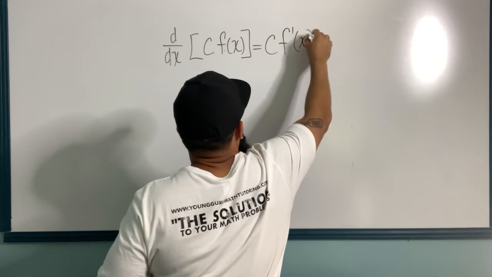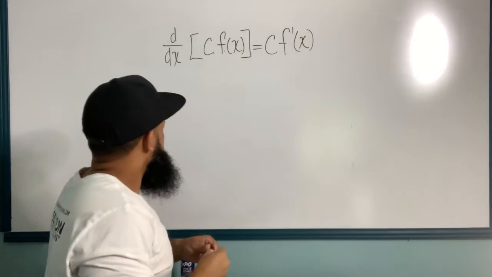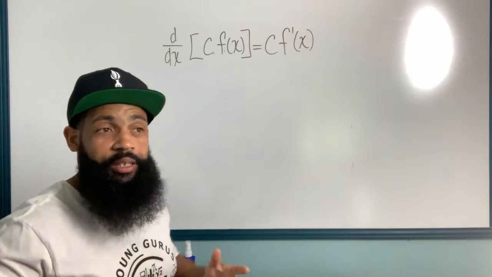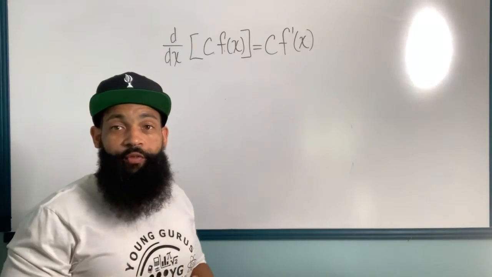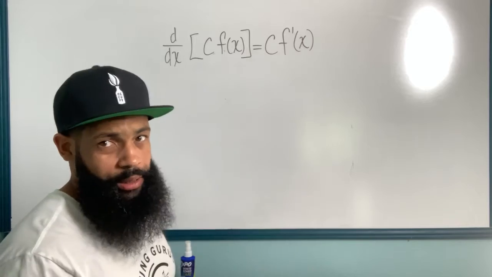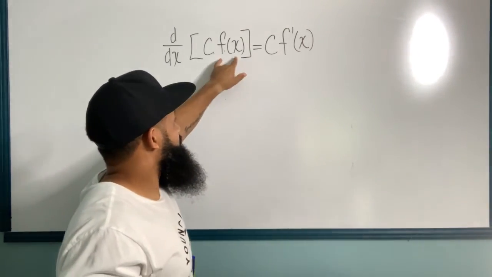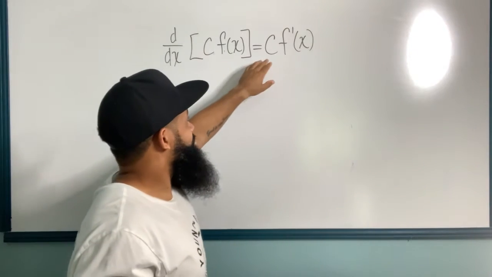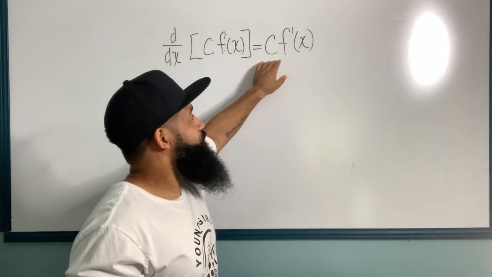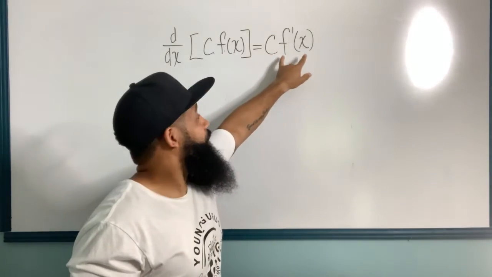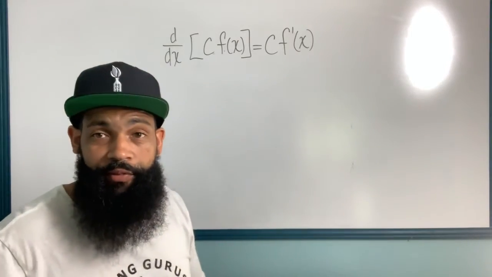All right? And we'll explain this. So the d/dx is just standard notation for the derivative, one of the many notations for derivatives. C is just some constant, whatever number it is, and then f of x is the function. So if I have a constant, then you take the constant times the derivative of that function.